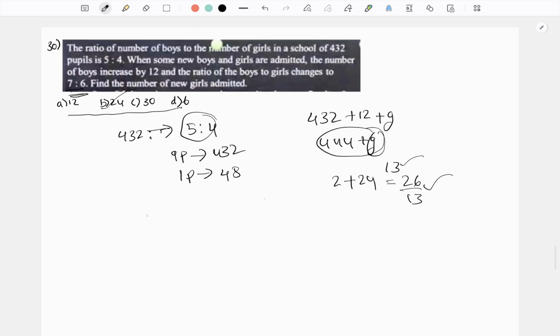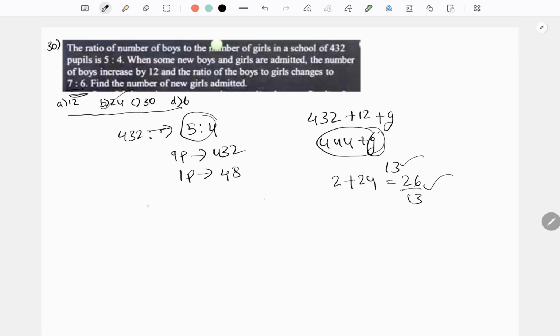Or otherwise what to do? 432 plus 12. This is boys. Girls how many? We don't know. Actually, this is the total strength plus girls. Take the ratio of girls and boys. 9 parts, 1 part is 48.